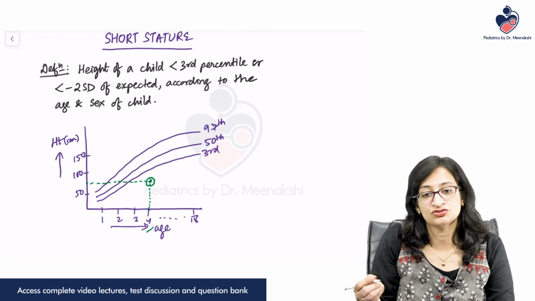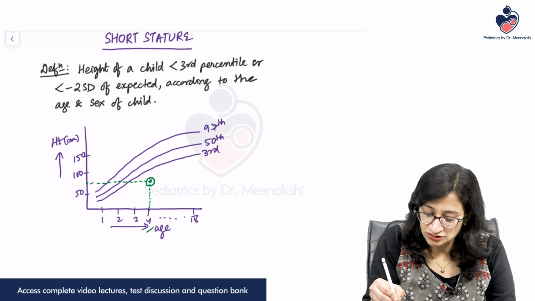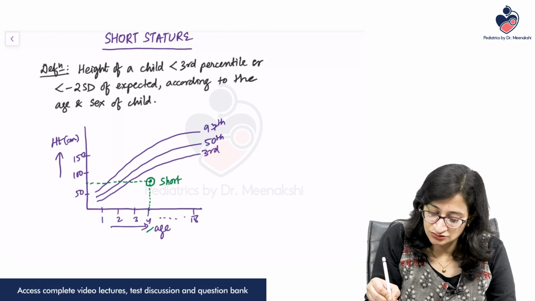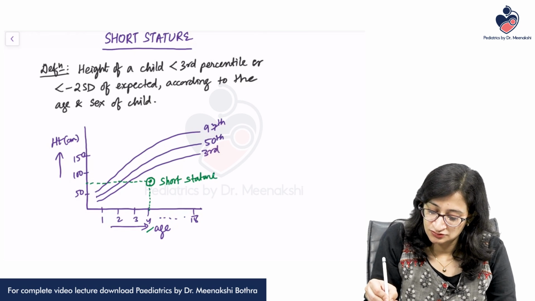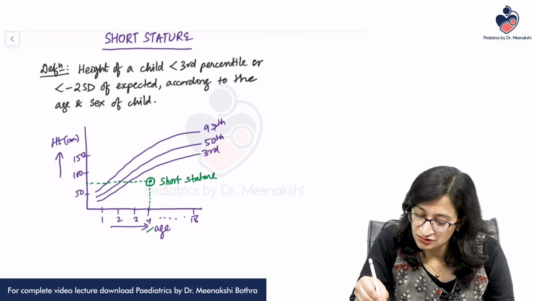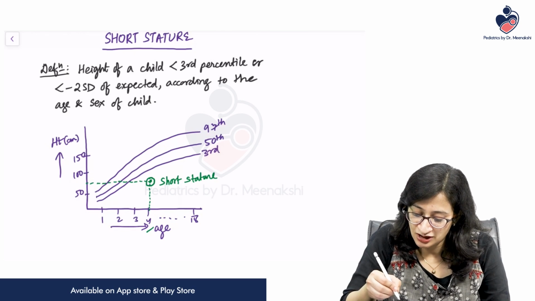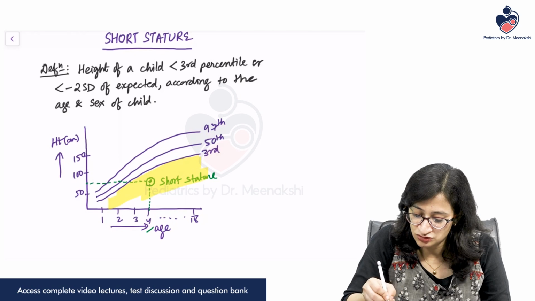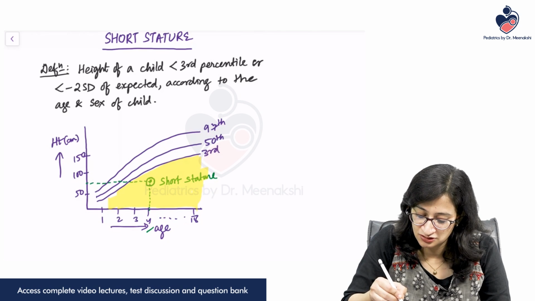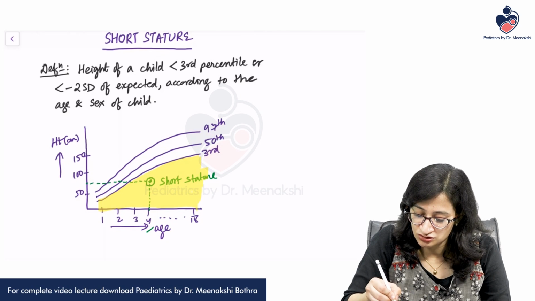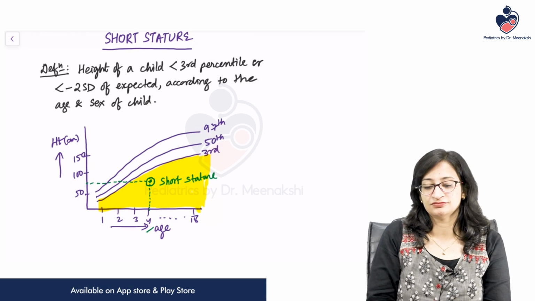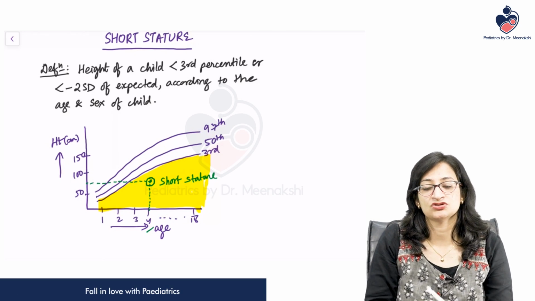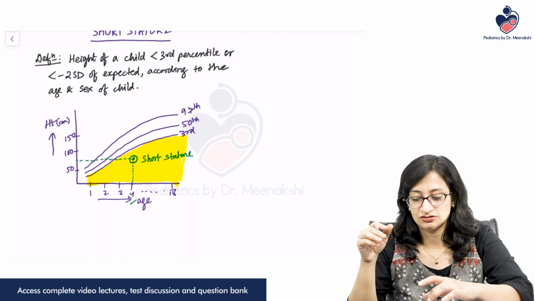And if it is a boy, you are using the growth chart for the boy. So this child has short stature. If the height of the child lies anywhere below this third percentile line or below the -2 standard deviation on a standard deviation chart, then that child has short stature. So that is what we mean by this definition.